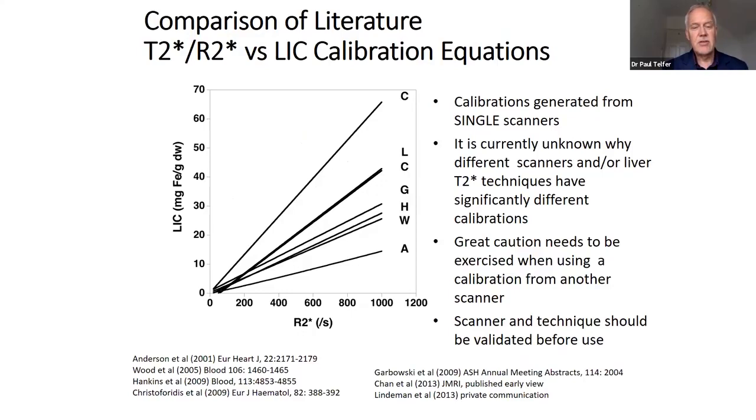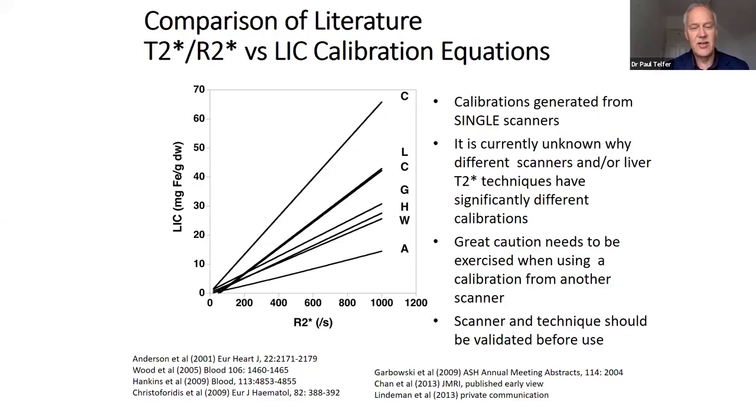However, there is some concern about doing this because depending on the scanner that you use and depending on the precise details of the software, of the MRI sequences, you get different results. And this has been illustrated through showing the R2 star and the liver iron calibration from a number of studies using a number of different scanners.